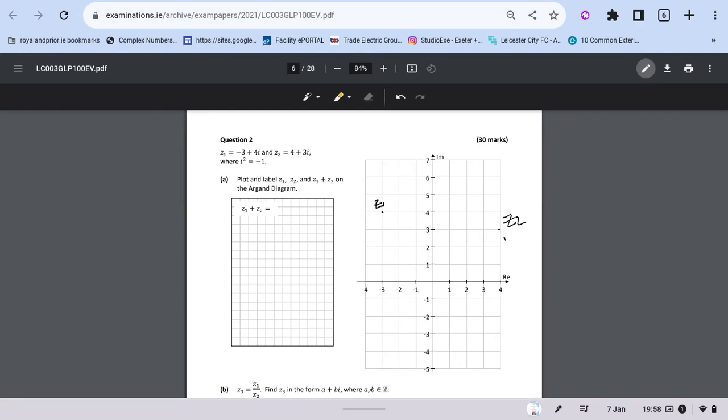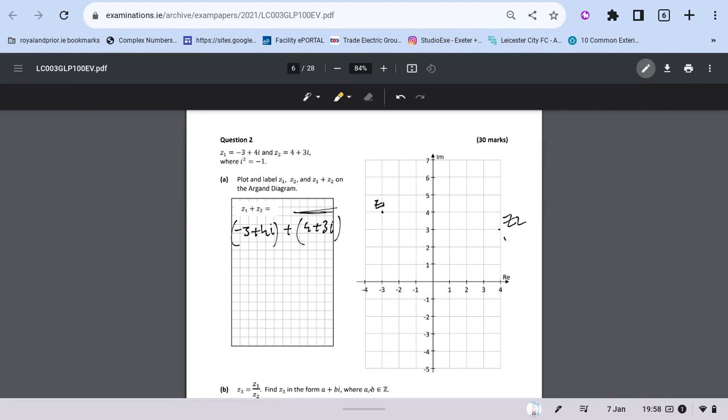And Z1 plus Z2, you're going to have to fill them in. So Z1, I'm filling in minus 3 plus 4i, plus my Z2, which is 4 plus 3i. Technically, I don't need the brackets there when they're adding together, but if that was a minus, I would definitely have a second set of brackets for these terms.